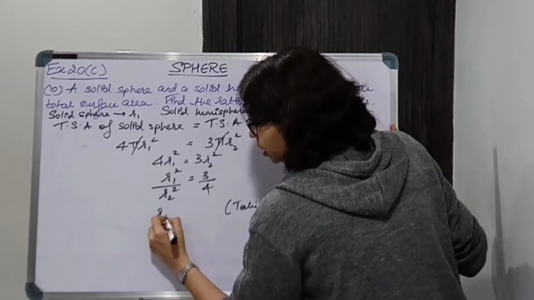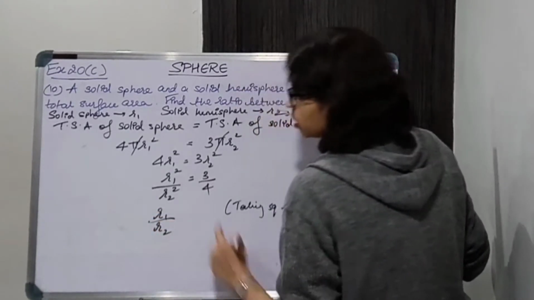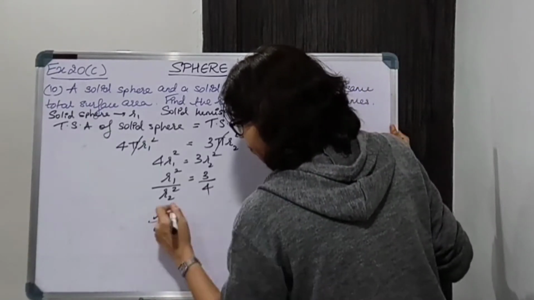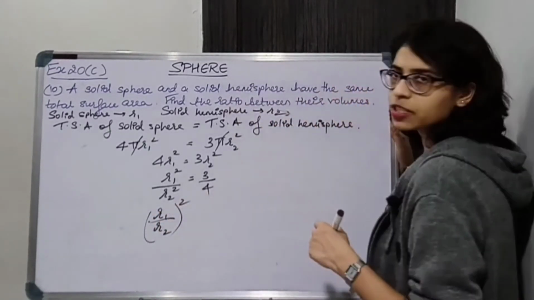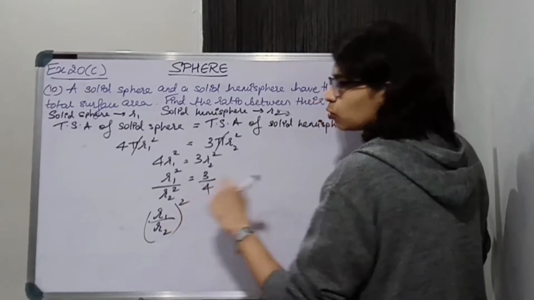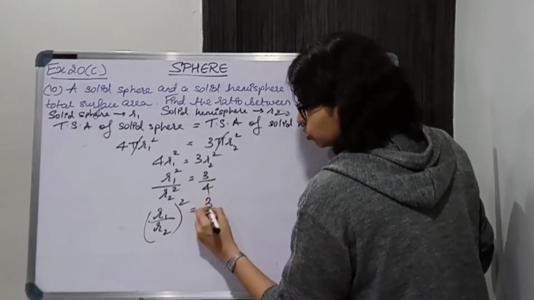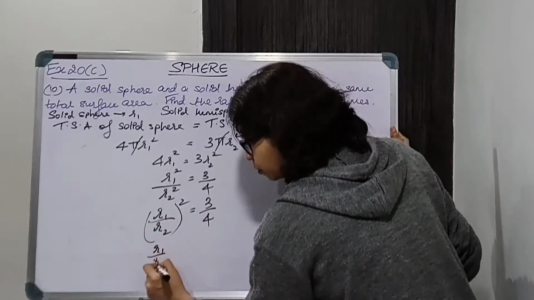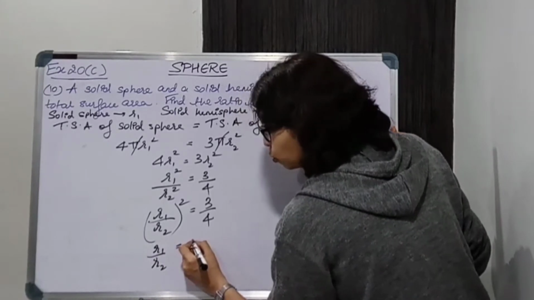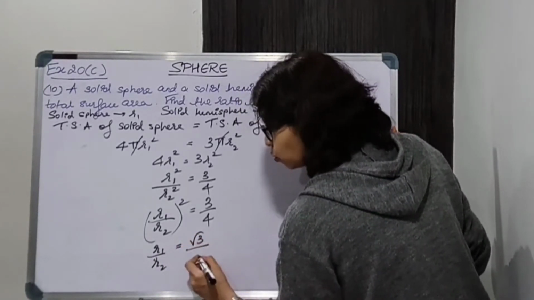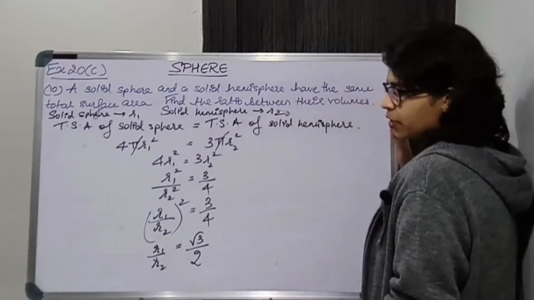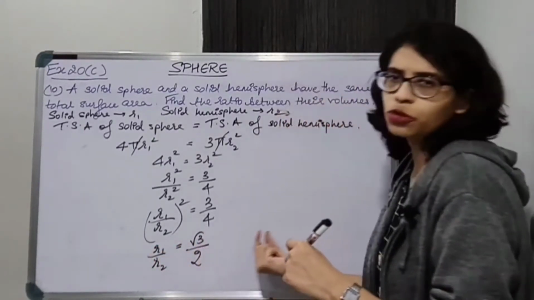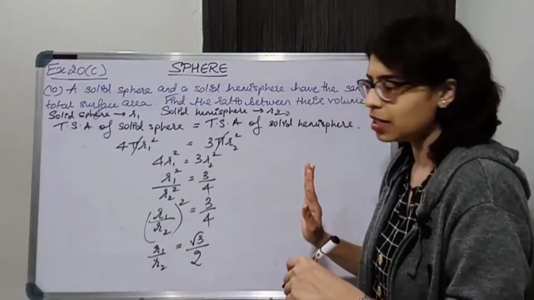First take common square, ठीक है. R1 upon R2 दोनों का common square लिया is equal to 3 upon 4. Now take square root. R1 upon R2 is equal to root of 3 is root 3 and root of 4 is 2. So R1 upon R2 का relation मिल गया. You can also write it as R1 is equal to root 3 upon 2 of R2, but I'm keeping this as it is, ठीक है.